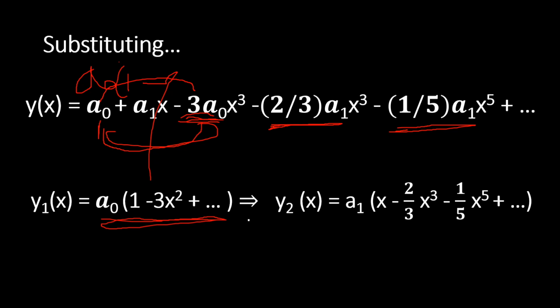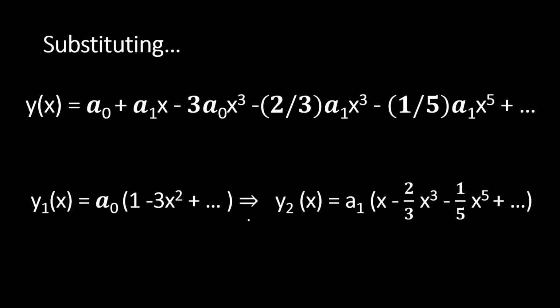And those that have a1, bring them together like this, and this as well. So we join them together. This one, this, and this. If I bring out a1, which is common among them, what am I left with? I'll be left with x here.